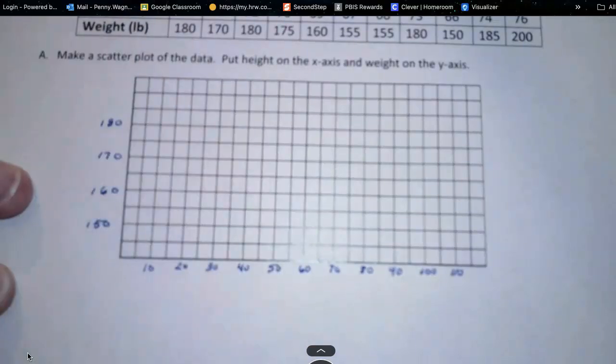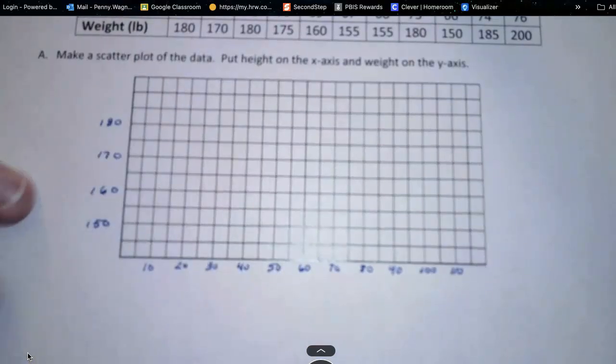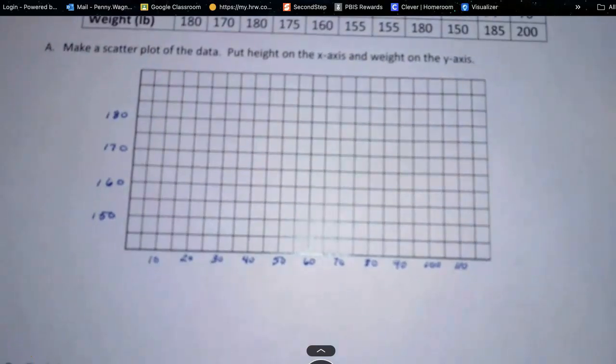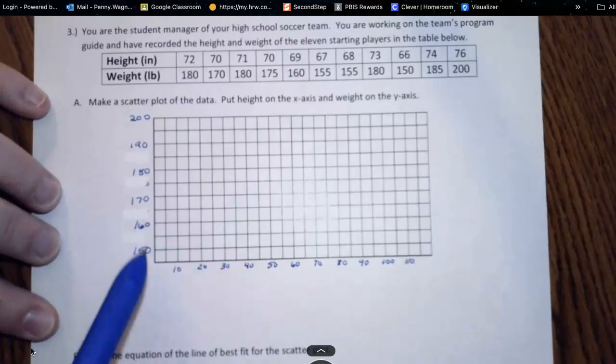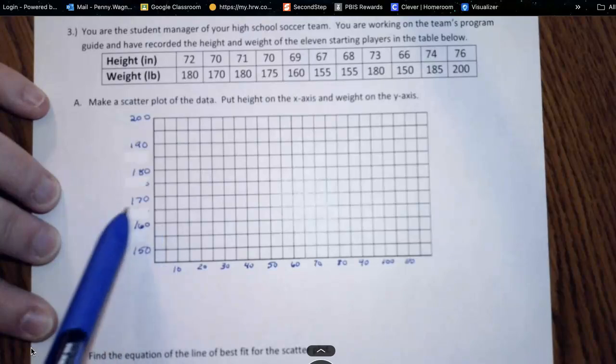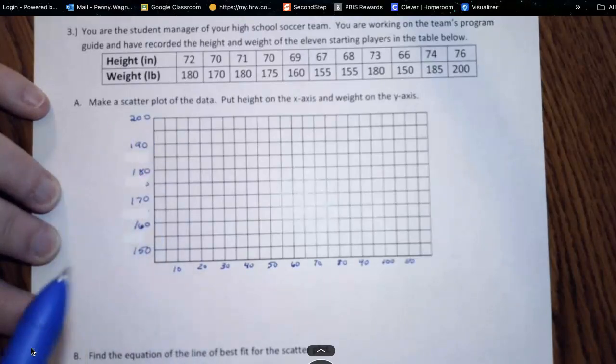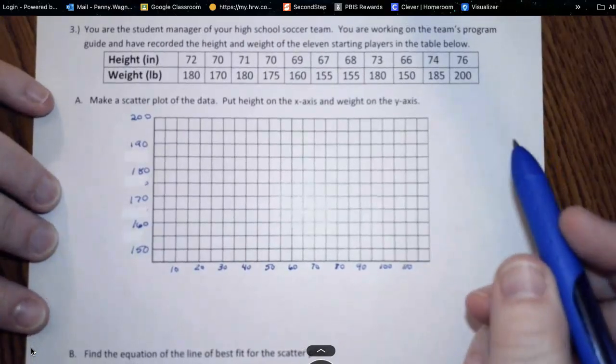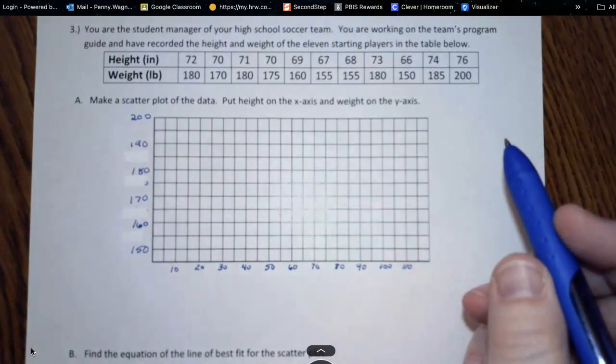Oh, that one didn't work, so I'm going to start down a little lower. So I went back and I reordered how I started. So I have this one here starting at 150, going up to, then it's 160, and then it ends up with being 200 across the top. So now we're going to plot our points, and then we're going to try to determine what the correlation is.